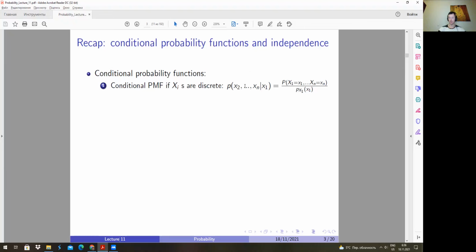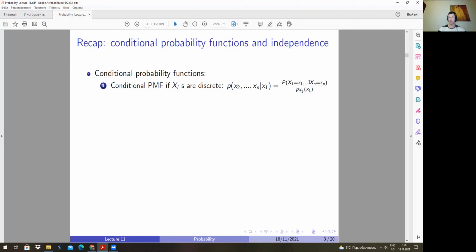So this is the probability mass function for variables from x2 to xn when x1 is known. When I know the value of x1, I want to calculate the probability for all other variables being equal to x2, x3, and so on.